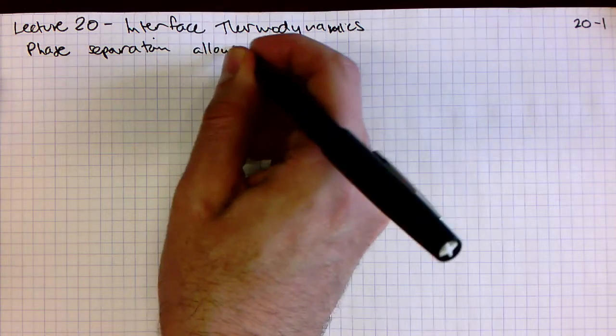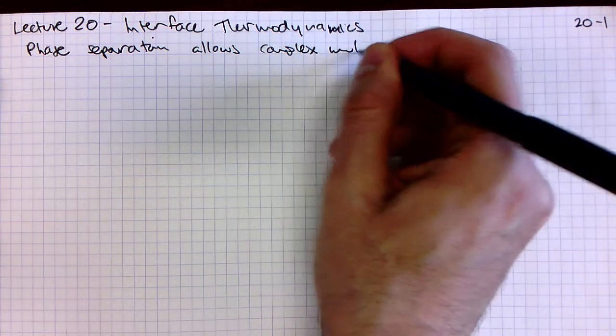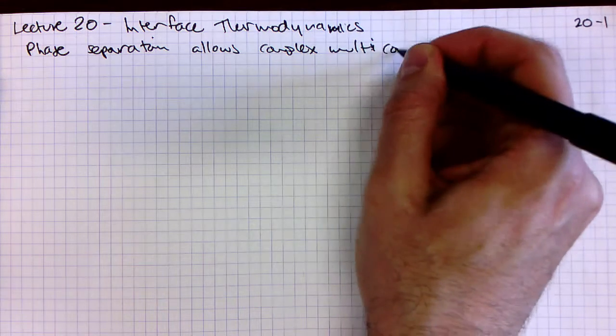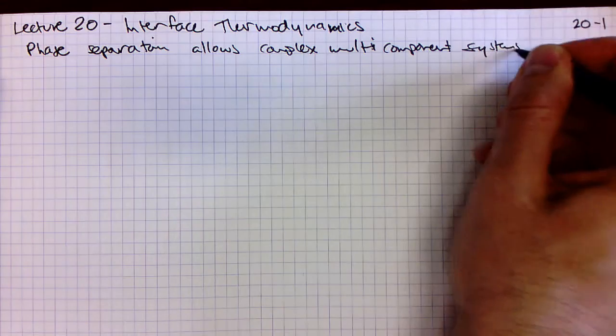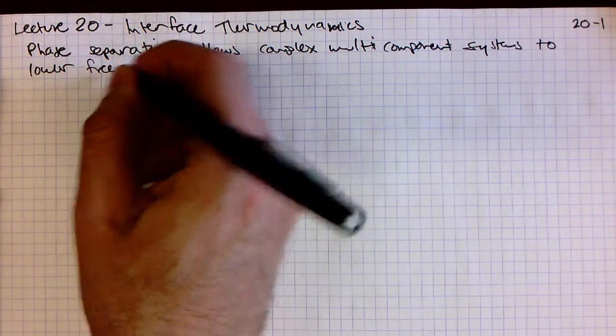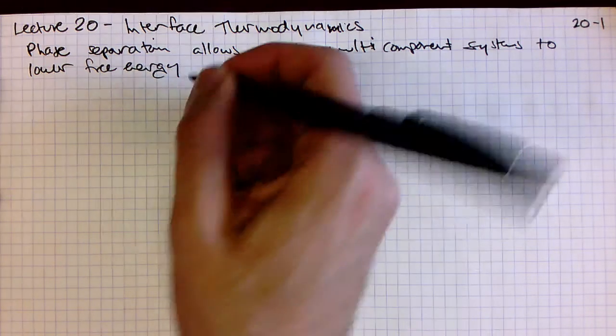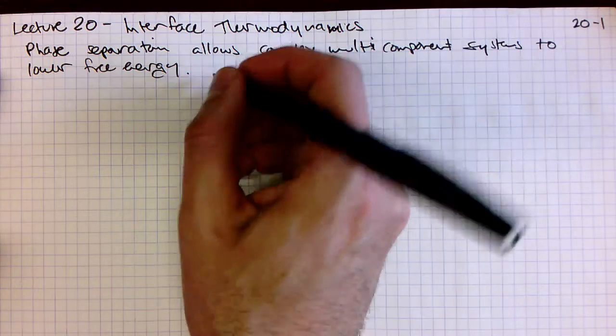So this allows complex multi-component systems to lower free energy, right? But when they do, they form boundaries, right?